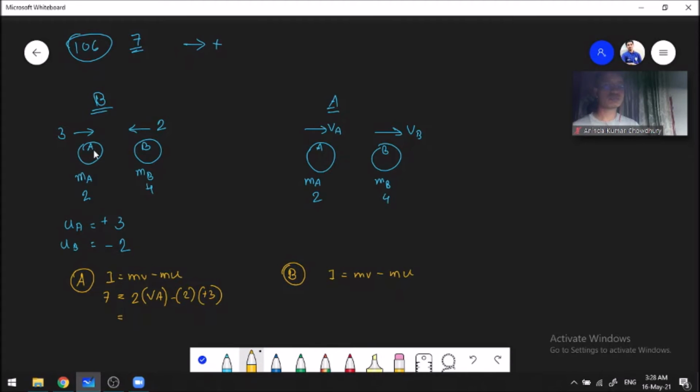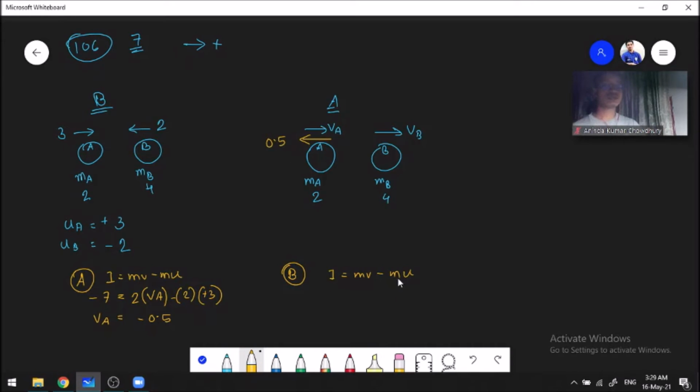So this leftward impulse will have a negative sign because impulse is also a vector quantity. From there we can understand that A will have a final velocity of minus 0.5. I assumed that A was moving to the right, but here the velocity turned out to be negative. Therefore the actual velocity of A is towards the left, and it has a velocity of 0.5 meters per second.